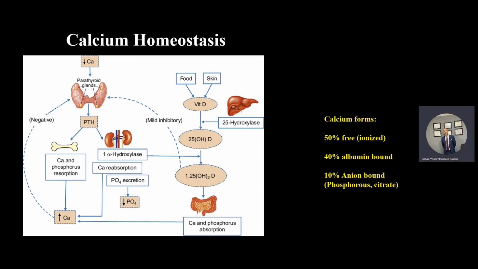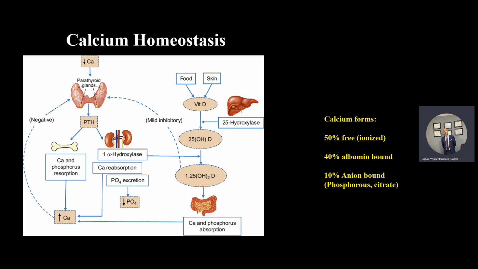So if you look at this figure, which integrates how calcium homeostasis is taking place, again, look at the right side of the figure. Remember that we have three forms of calcium.